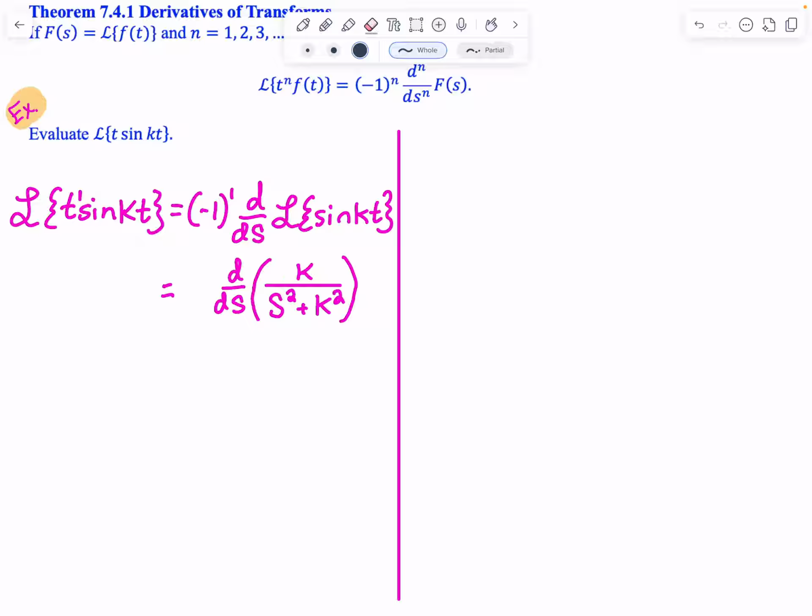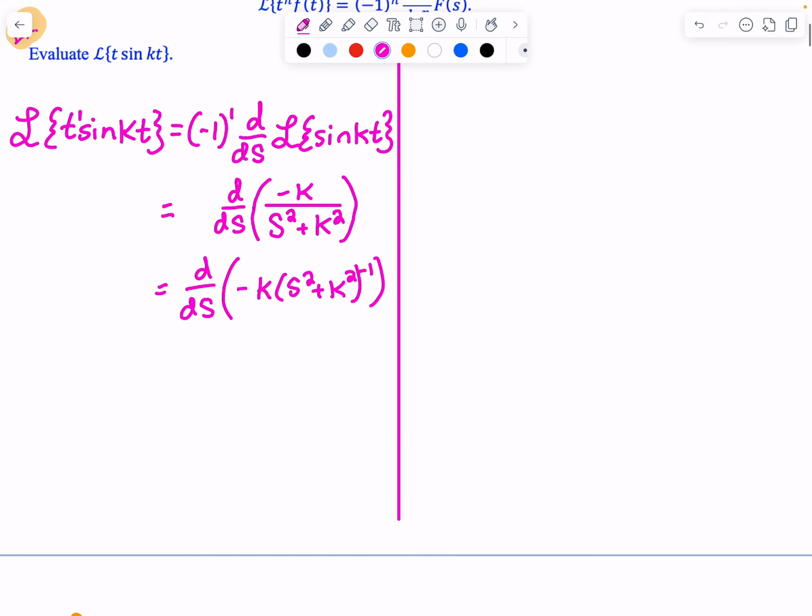So let's go ahead and I'm going to take that out and throw it in there. We have to take the derivative. I'm going to rewrite this thing: negative k times s squared plus k squared to the -1. I'd rather do this since the only variable is s, and I only have one of those. So I think the chain rule would be a little easier here.